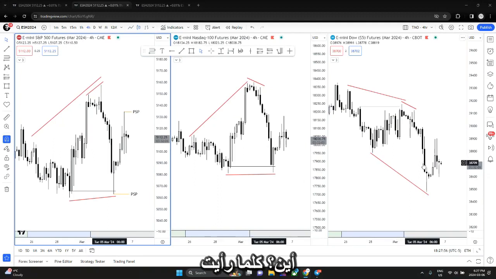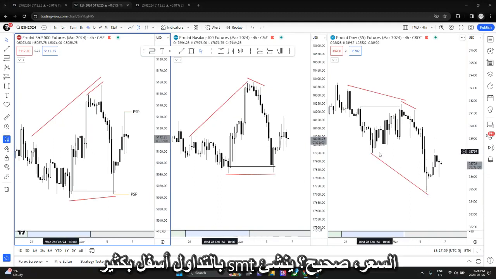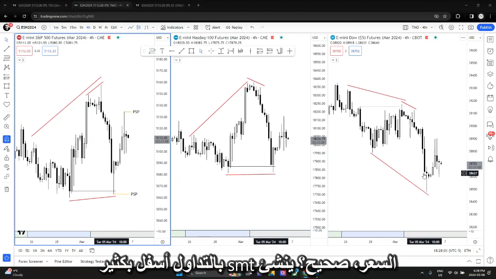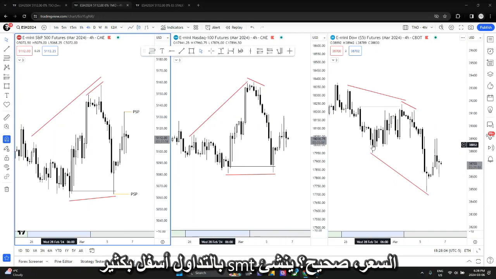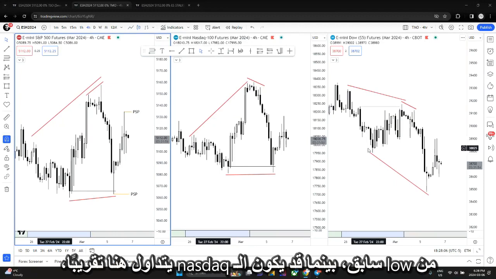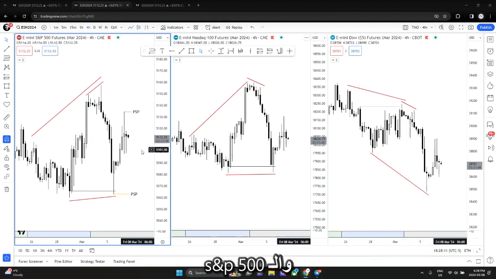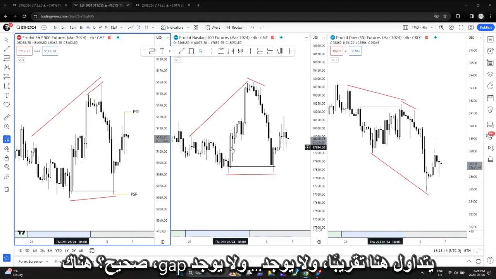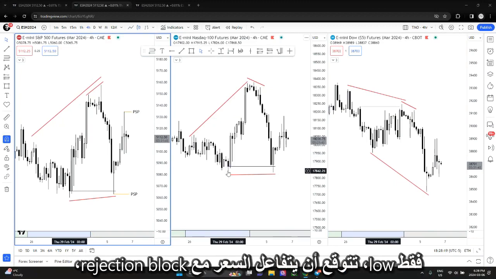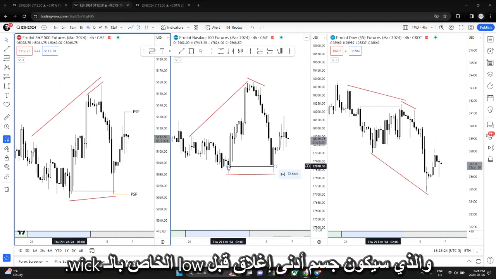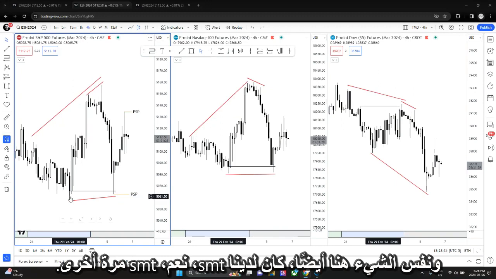Whenever you see price creating SMT by trading way below a previous low, whereas you would have Nasdaq trading probably here and the S&P 500 probably trading here, and there's no wick and no gap, there's just a low. You would expect price to react to the rejection block, which would be the body of the lowest close before the low of the wick. And the same thing for here.